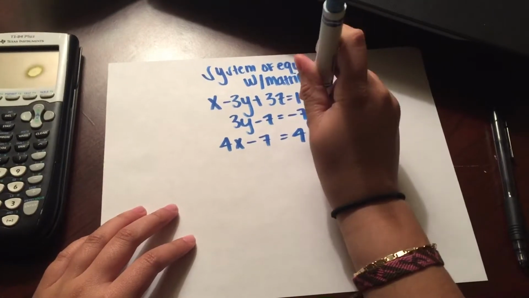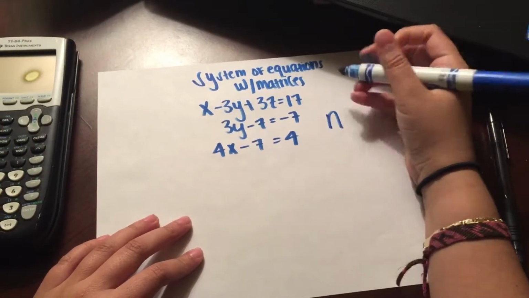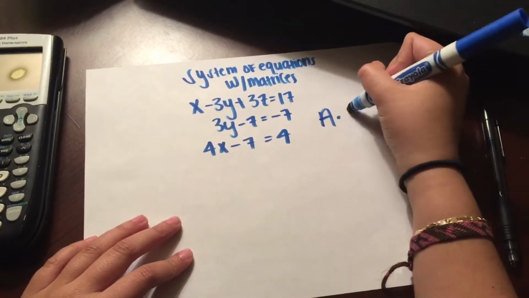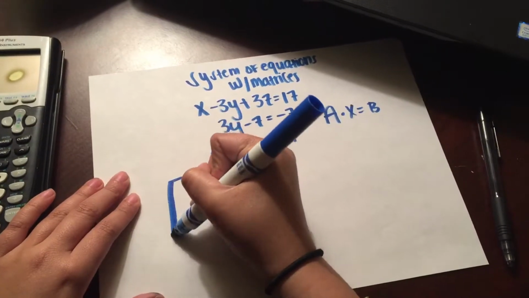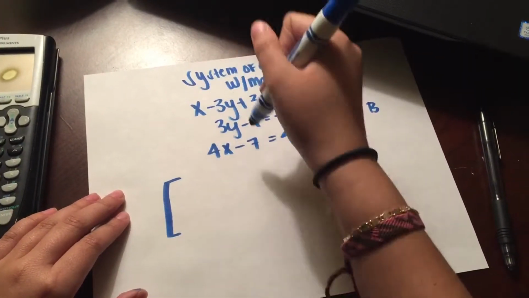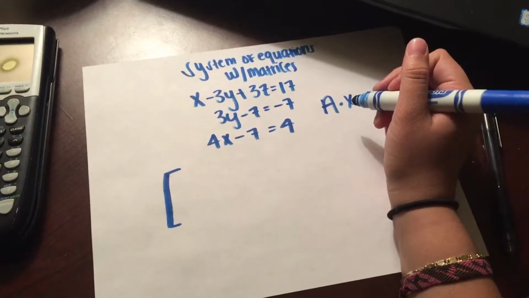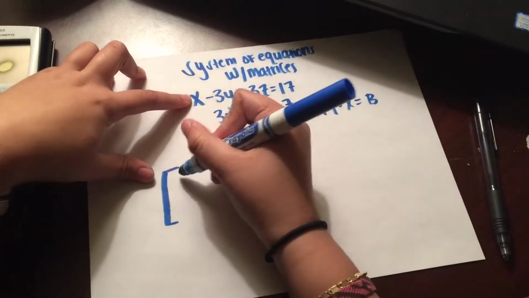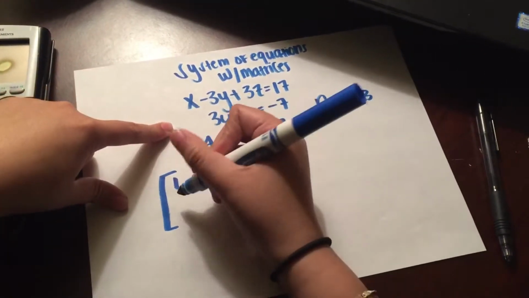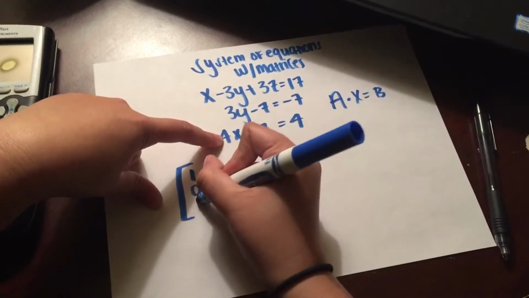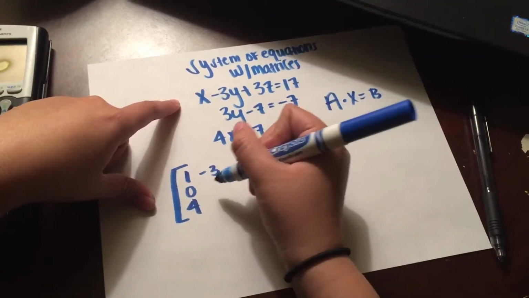So what you're going to do is the original equation is A times x equals B. So the setup is that the numbers are going to be A. So basically, x is 1. There's no x here, so that's a 0. And then this is 4. Then for y, negative 3.